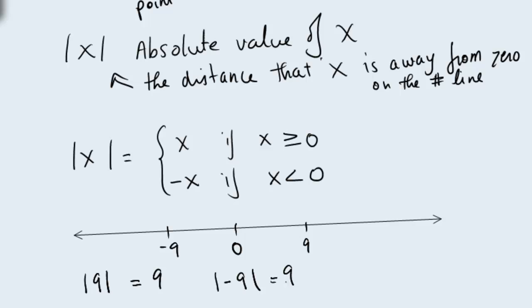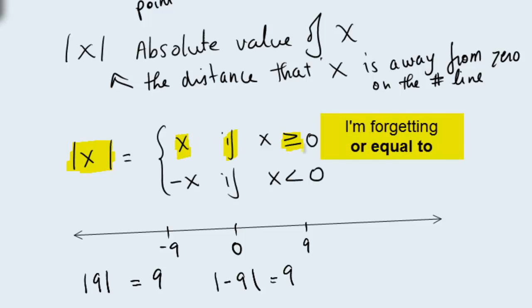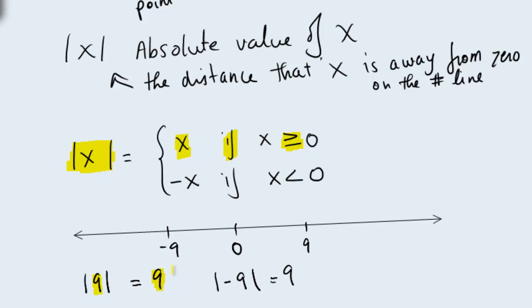Now, what we have here, this sort of definition, it means the same thing. Absolute value of x, we say, is equal to whatever that number was. Absolute value of some number is equal to that number if that number is greater than 0. For example, absolute value of 9 is equal to 9 since 9 is greater than 0.